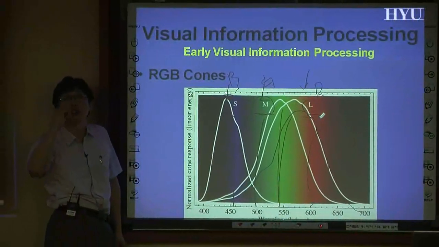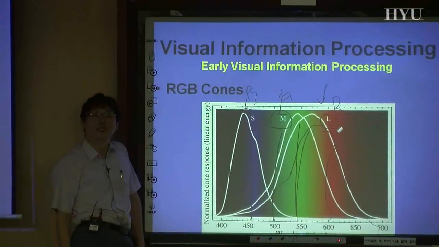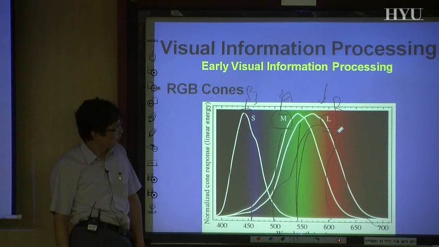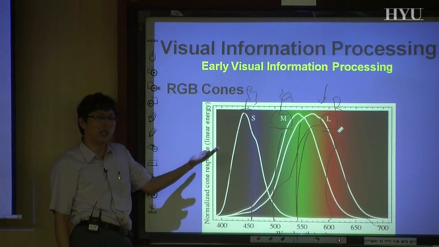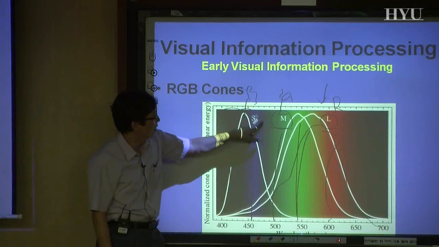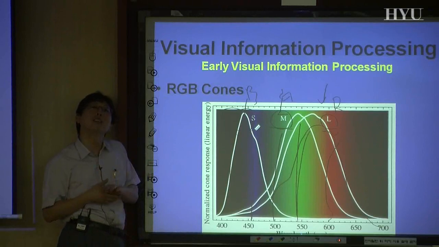That is the first question. Any thoughts or any implications? Why do they overlap so much? Why is the blue color pretty much skewed to the left, in the short wavelengths? Any implication?